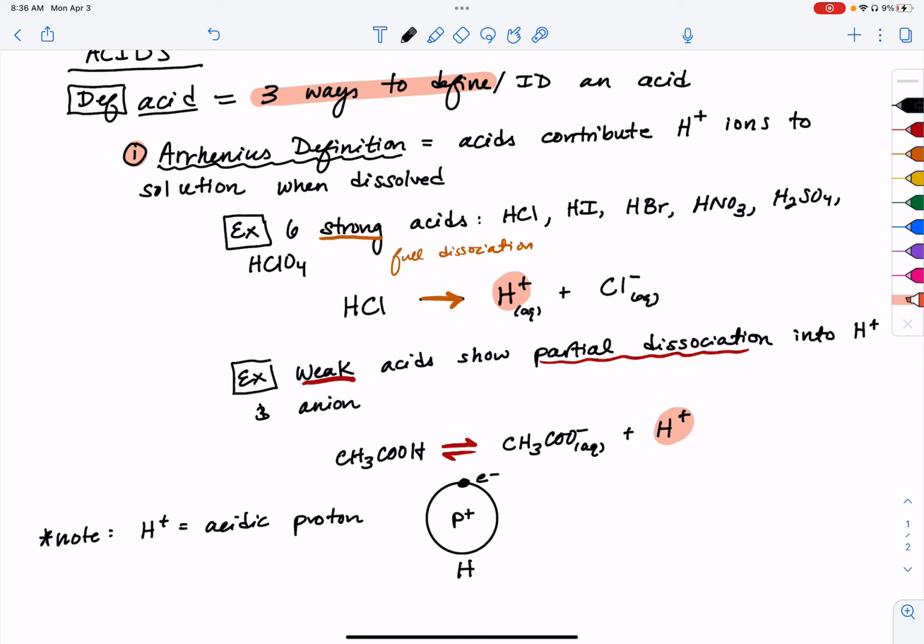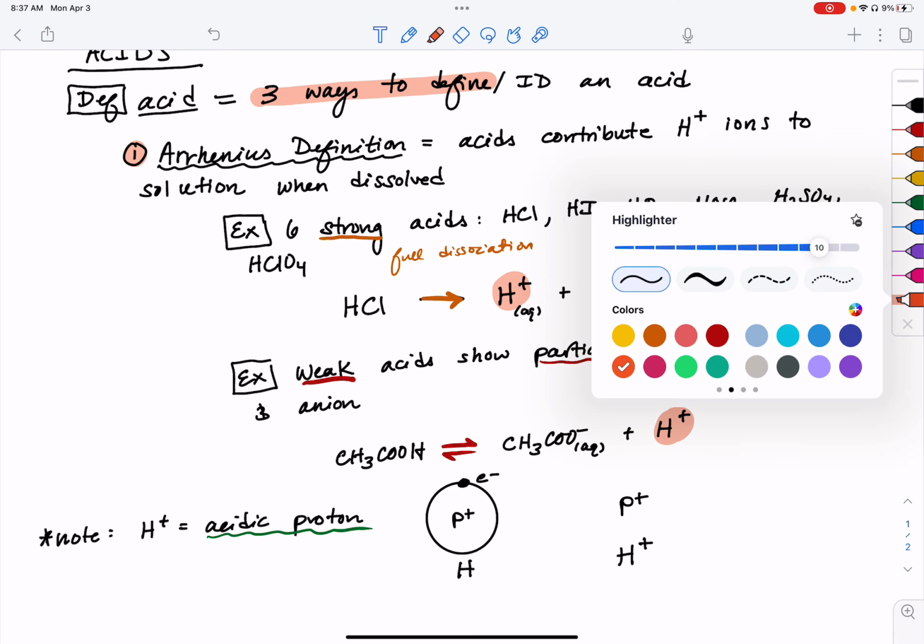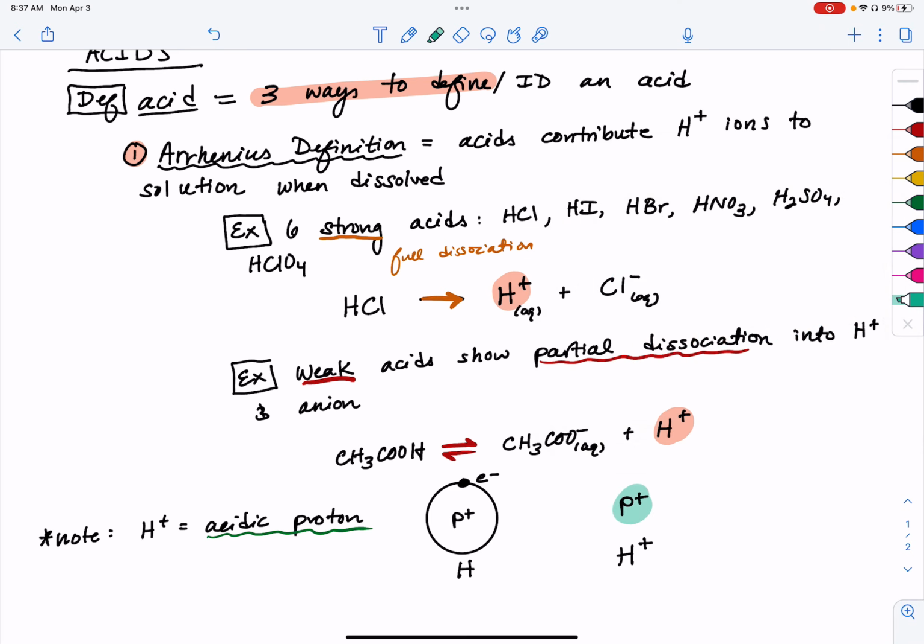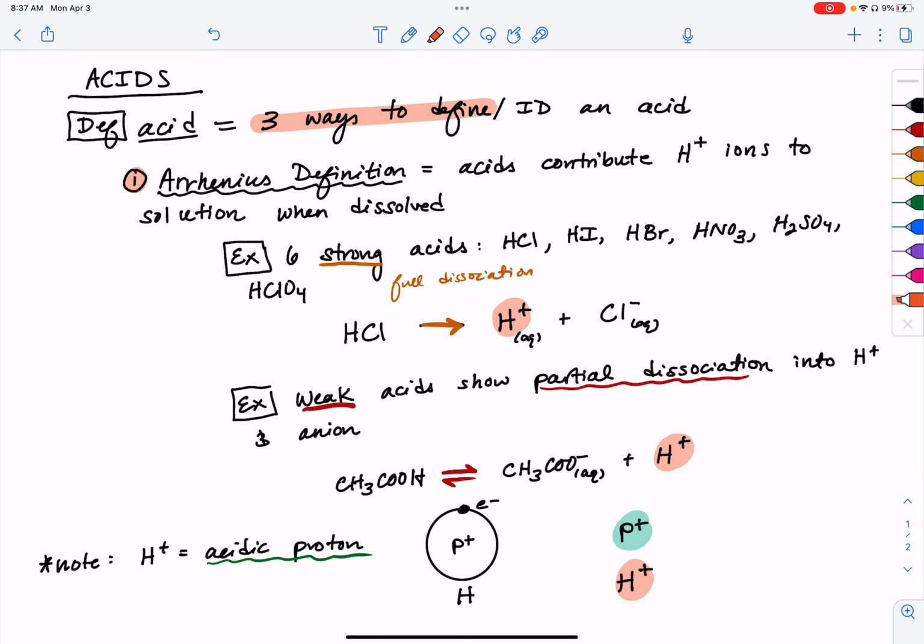If I were to remove that 1s electron to make H+, then it would simply be left with a proton in the nucleus. So this idea of an acidic proton is something that you might see me use interchangeably with this H+ ion, hydrogen ion. Our first definition, the Arrhenius definition, says acids are things that put H+ or acidic protons into solution.